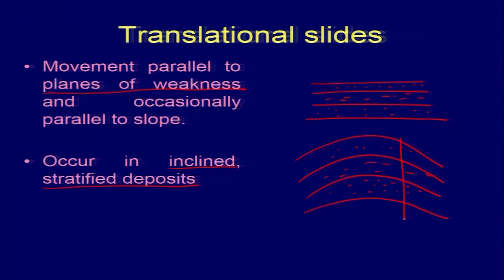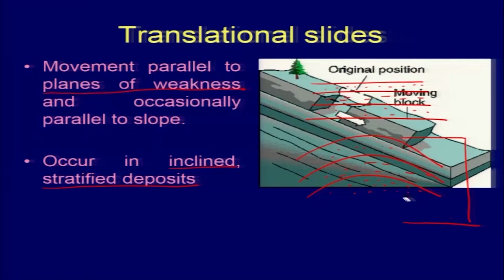So if you take this portion and you are having an inclined surface, and if you are having stratified deposits, then it is quite likely that that portion may slip. So there is a movement along a definite plane.